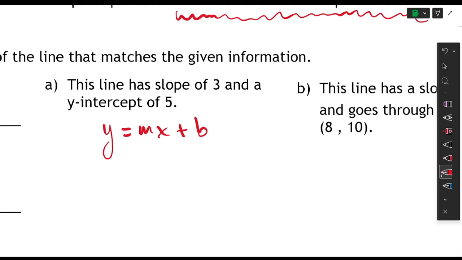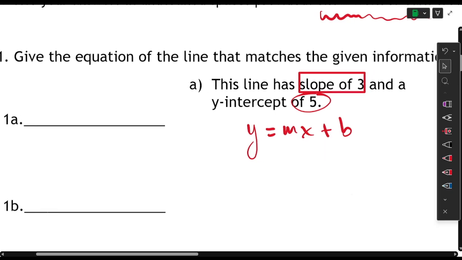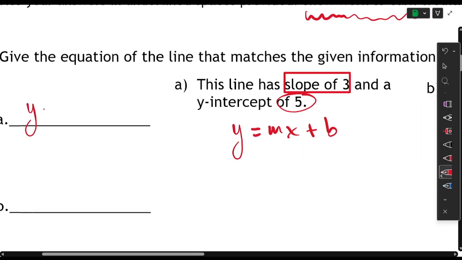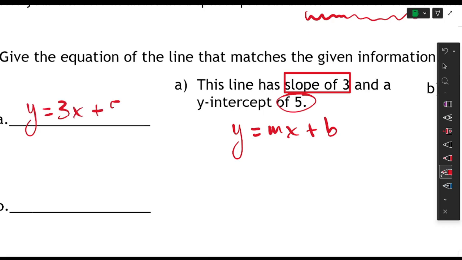Once those are set, we're talking about a particular line. They said we're going to have a slope of 3 and a y-intercept of 5. So with those two values identified, we can write the equation of the line. It is simply y equals 3x plus 5. So that has the requisite y-intercept and the requisite slope.